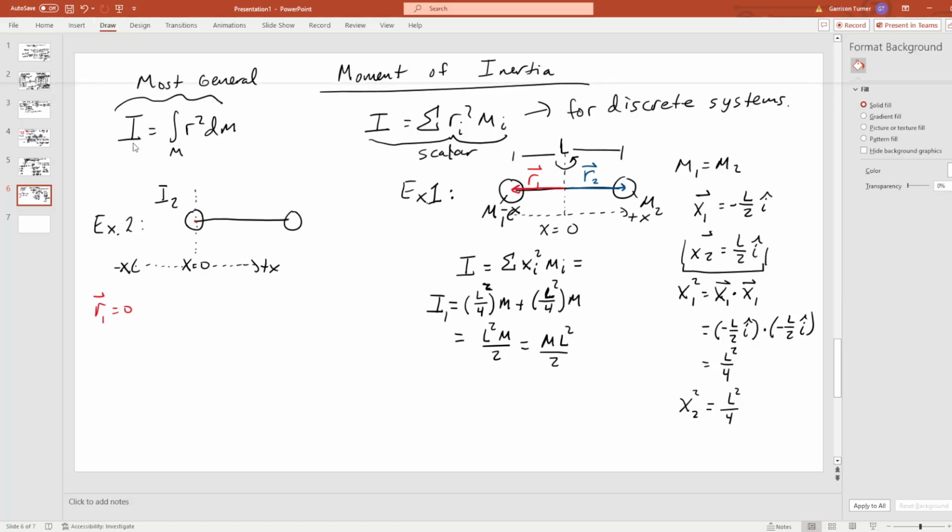And R2 is equal to L i hat. Okay, so now we can calculate our moment of inertia.